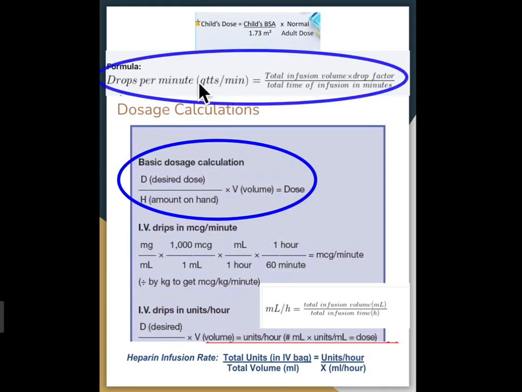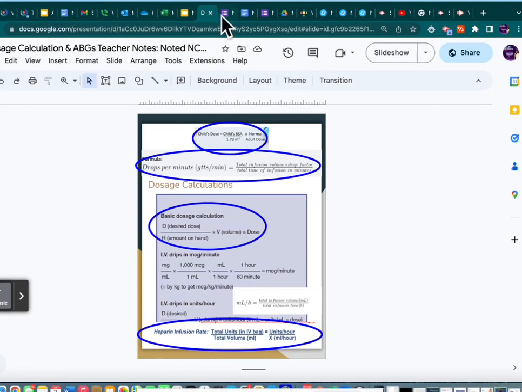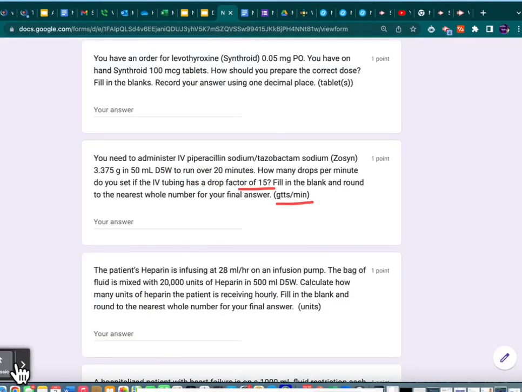Here's our formula. Drops per minute: total infusion volume times drop factor all over total time of infusion in minutes. All right? Total infusion volume times drop factor all over total time of infusion in minutes. All right, let's make our way back to our questions.